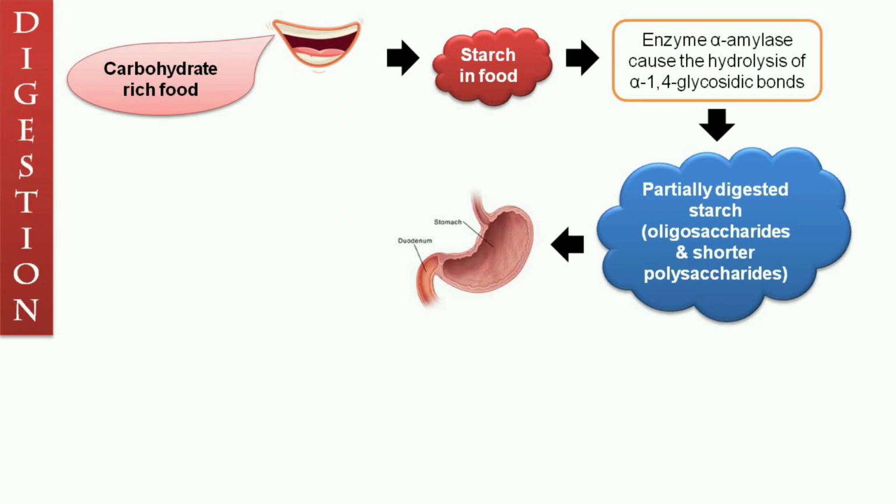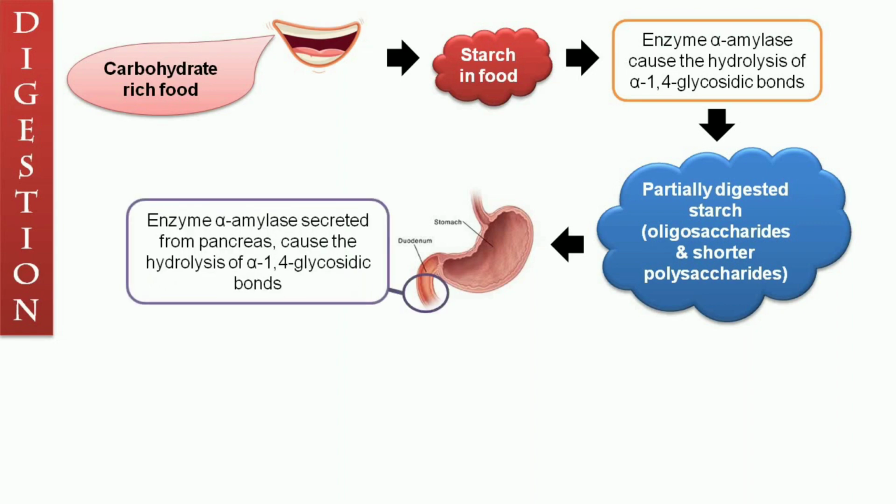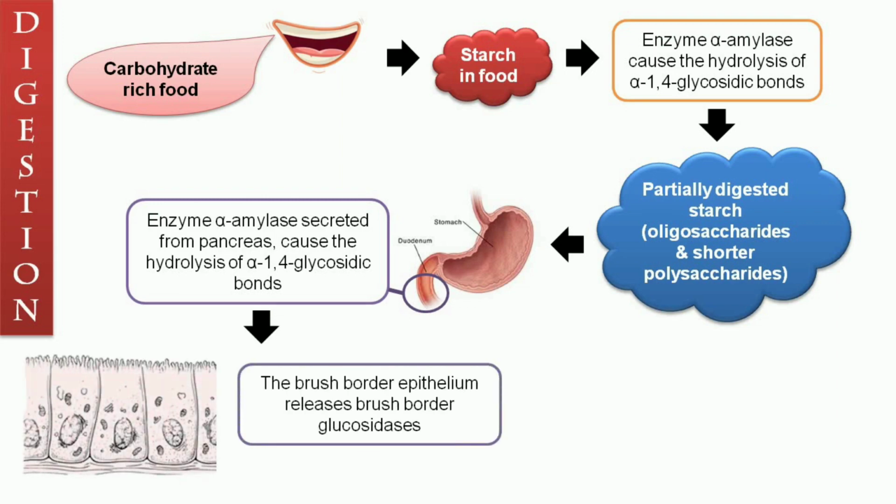Then these partially digested starches travel to the duodenum, and in the lumen of the duodenum the enzyme alpha amylase, which is again secreted by the pancreas and is known as pancreatic alpha amylase, again causes the hydrolysis of alpha-1,4-glycosidic bonds. Then these units travel to the intestine, where the brush border epithelium or the enterocytes release brush border glucosidases.